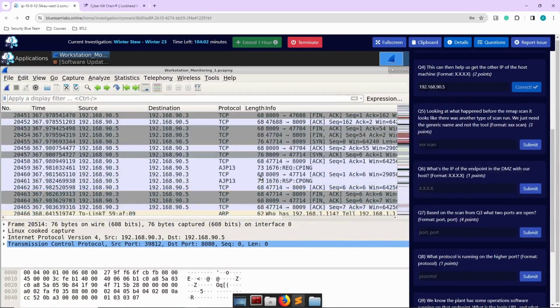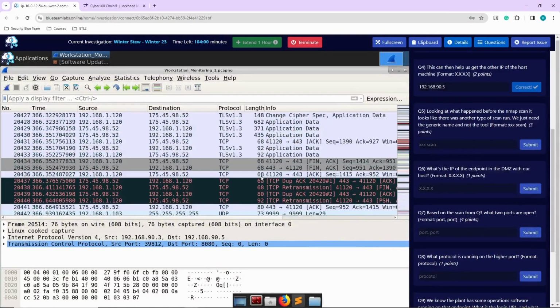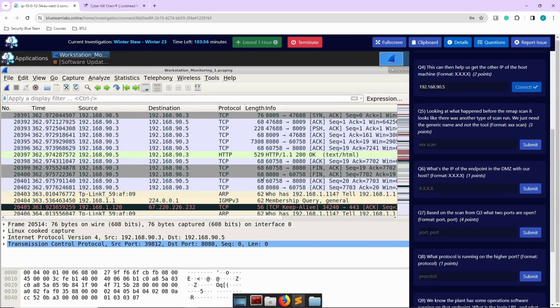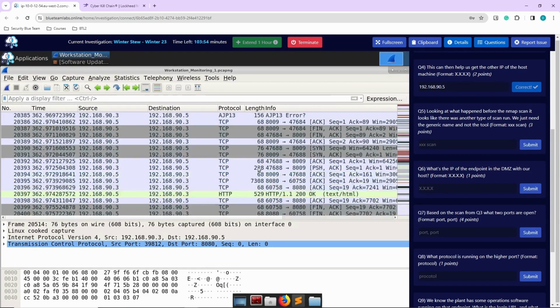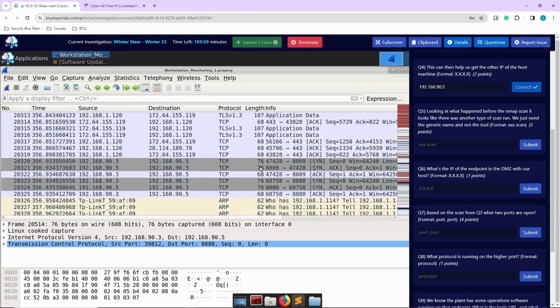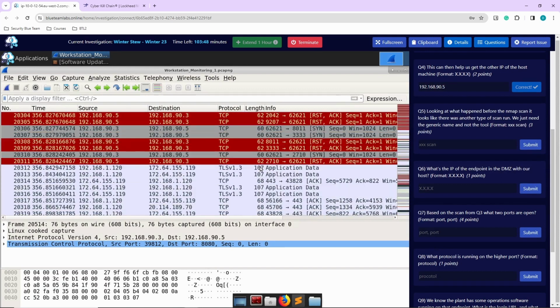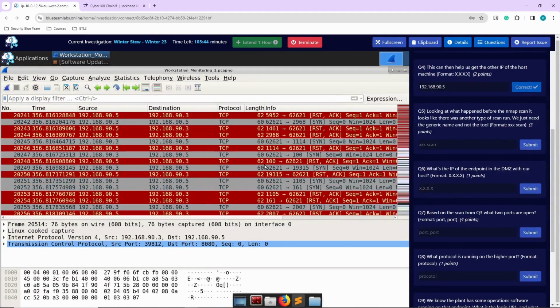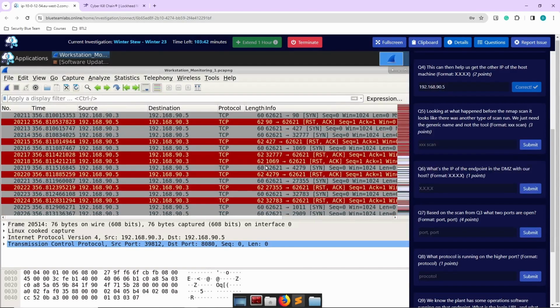There's some ARP traffic. Could be an ARP scan. They're trying to find IPs on the network, and an ARP scan will help find IPs on the network.